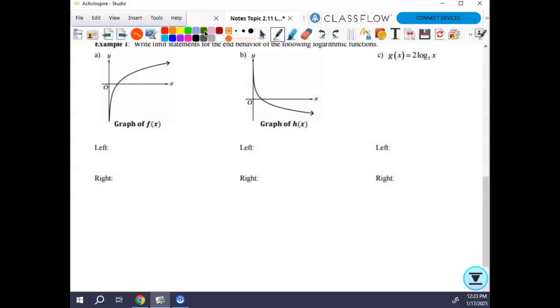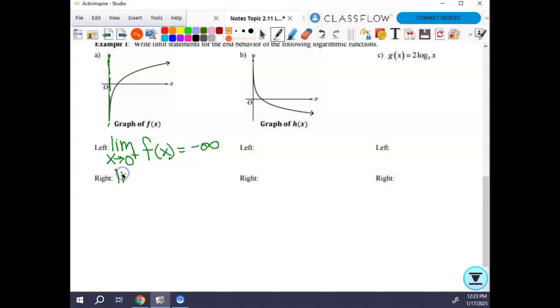So my left end behavior, remember I have an asymptote here. So I'm going to say the limit as x approaches 0 from the right, that little plus sign up where the exponent goes, of f of x equals negative infinity. Good.